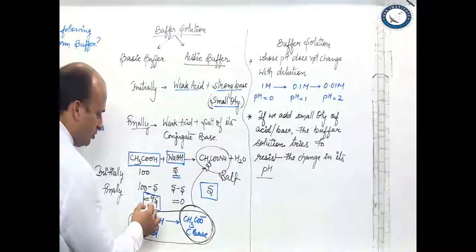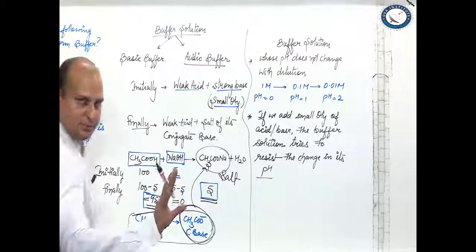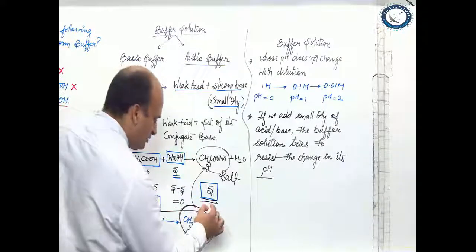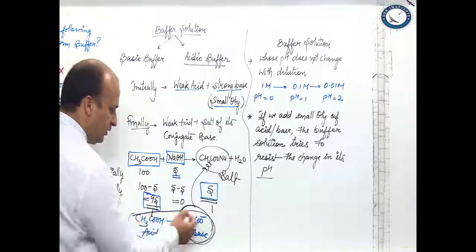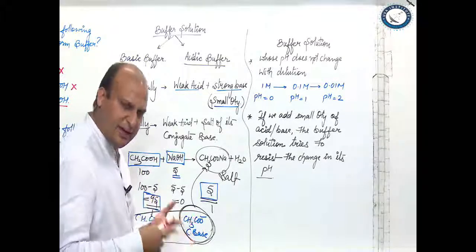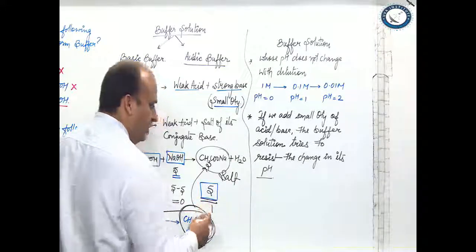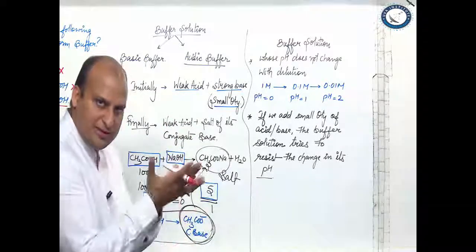Now, my dear friends, let us see over here. So these are the moles of acid and salt. Let us suppose that the volume of the solution is 1 liter. Now if I increase it by any volume, suppose if I add some water, what will happen? The volume of the whole solution will be increased.